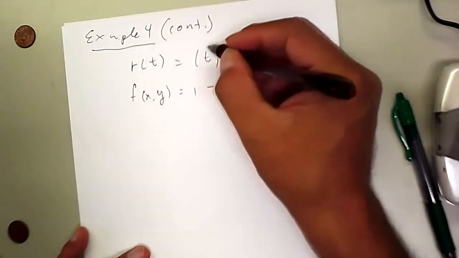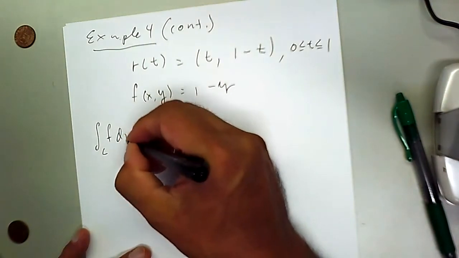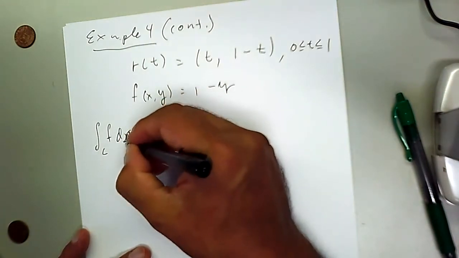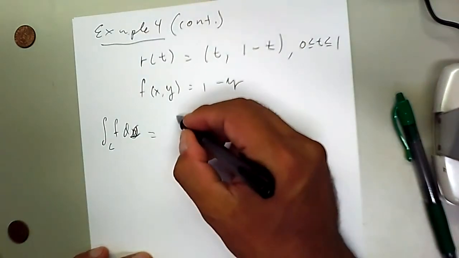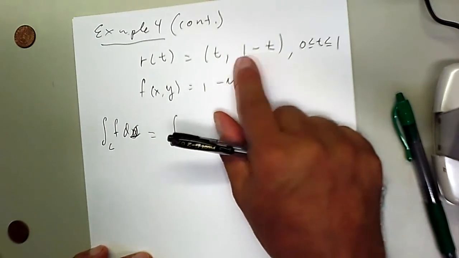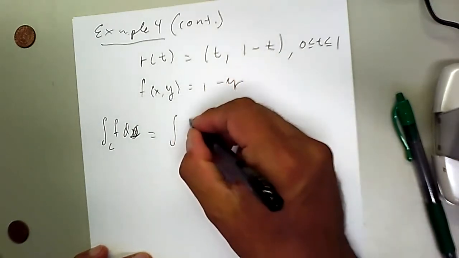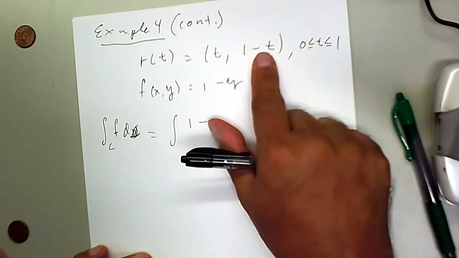All right, so the line integral of this function with respect to the length, sorry, is the integral of 1 minus y. So 1 minus y, this is x and that is y.